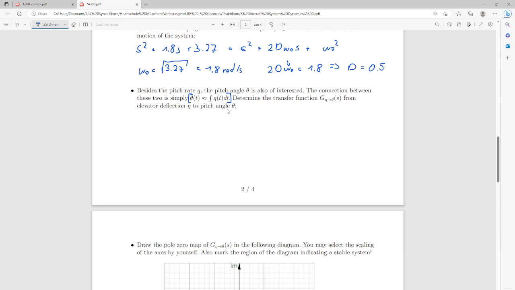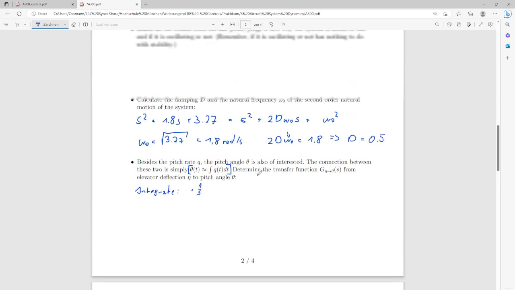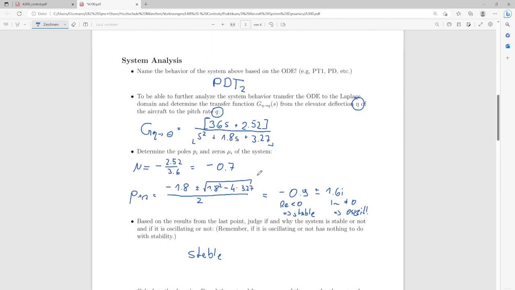The idea behind it is that if we want to integrate in the Laplace domain, this is simply multiplying by 1 over s. So you can simply, and this is the very big advantage of the Laplace domain, take that transfer function here and multiply it. Oh, actually, there's an error here, which I did not see.